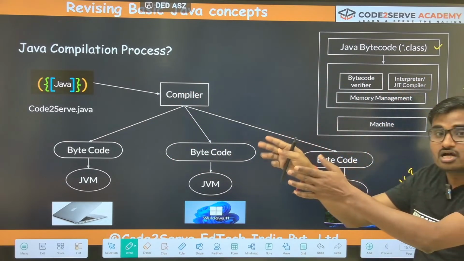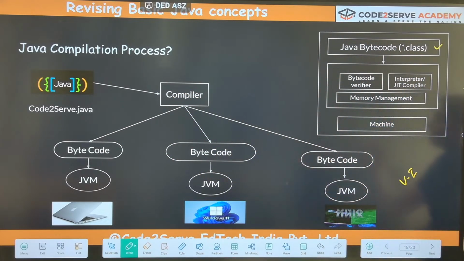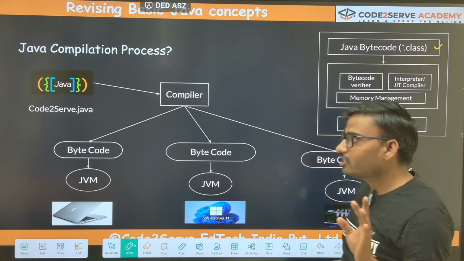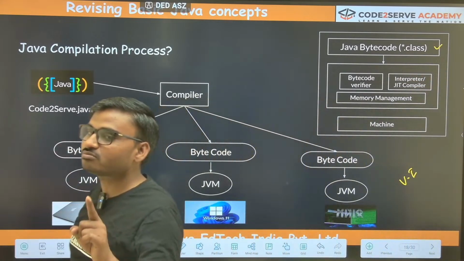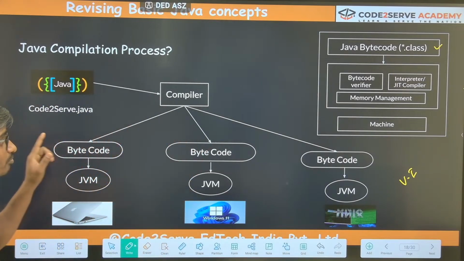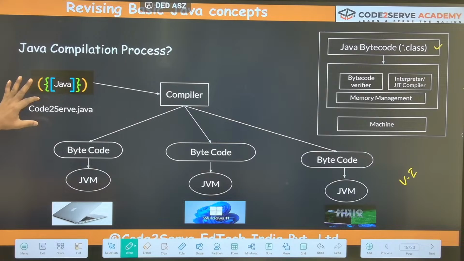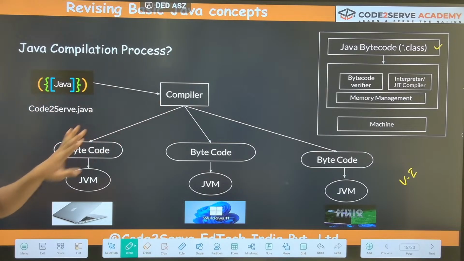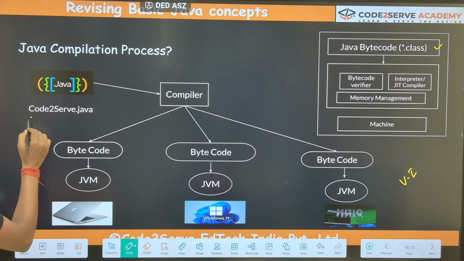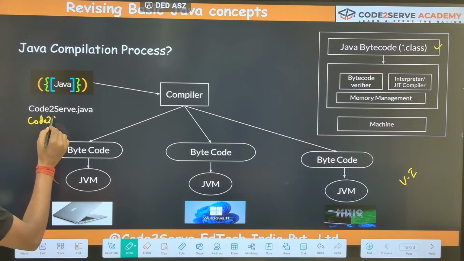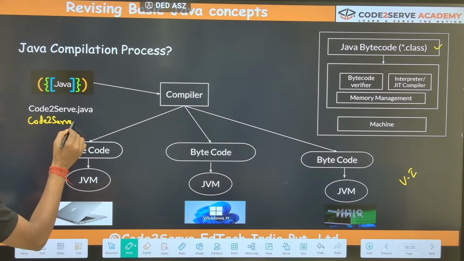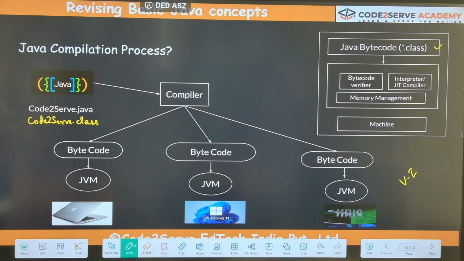A new file is created with the extension .class. Got my point? Whenever you save the code, it is with the .java extension, so you have only one file. But whenever you click on compile, there will be another file, code to serve .class.